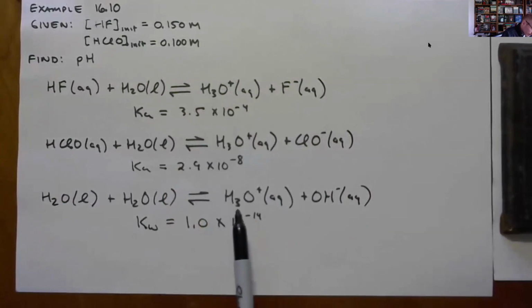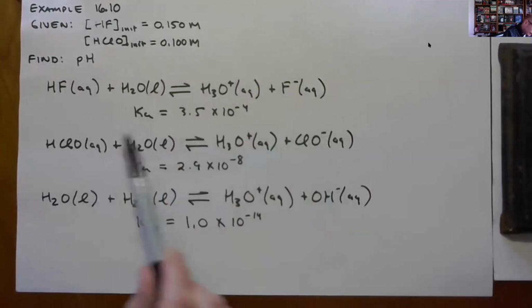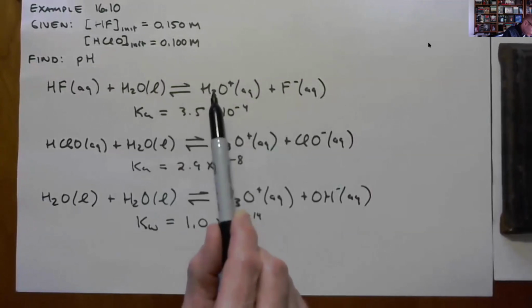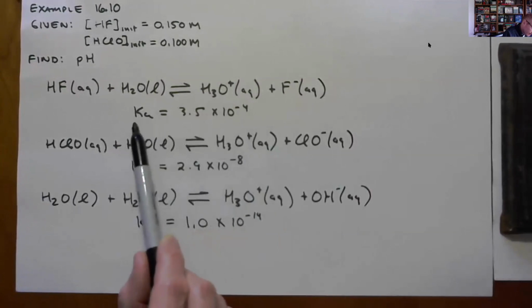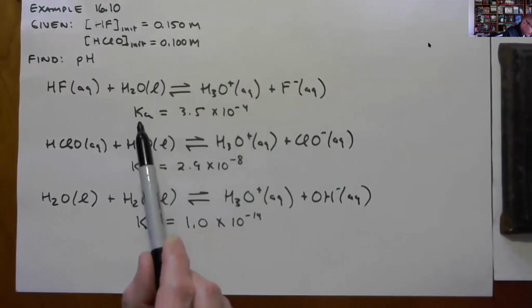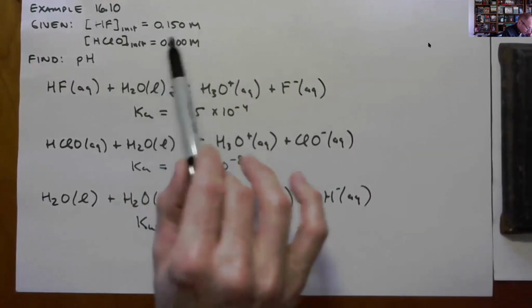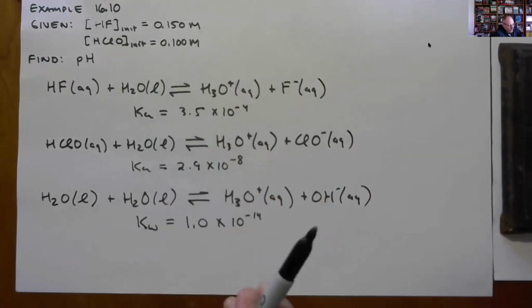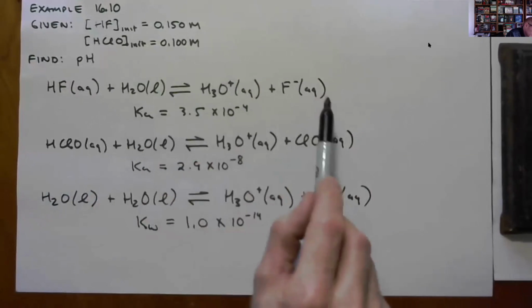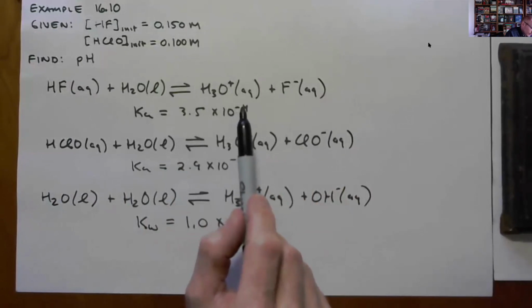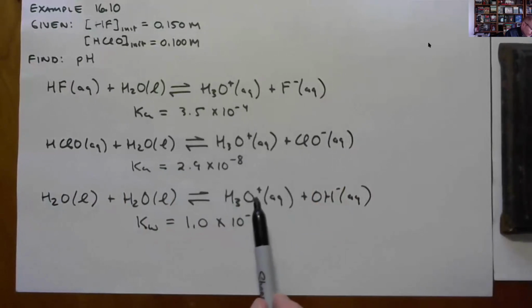All three of them generate hydronium, which, however, is going to generate the most? If we were to look at these three reactions independently, what we would find is that the concentration generated by the first, owing to the fact that the equilibrium constant is the largest between these two, and they have initial concentrations that are comparable, generates an overwhelming amount of hydronium, orders of magnitude more than this.